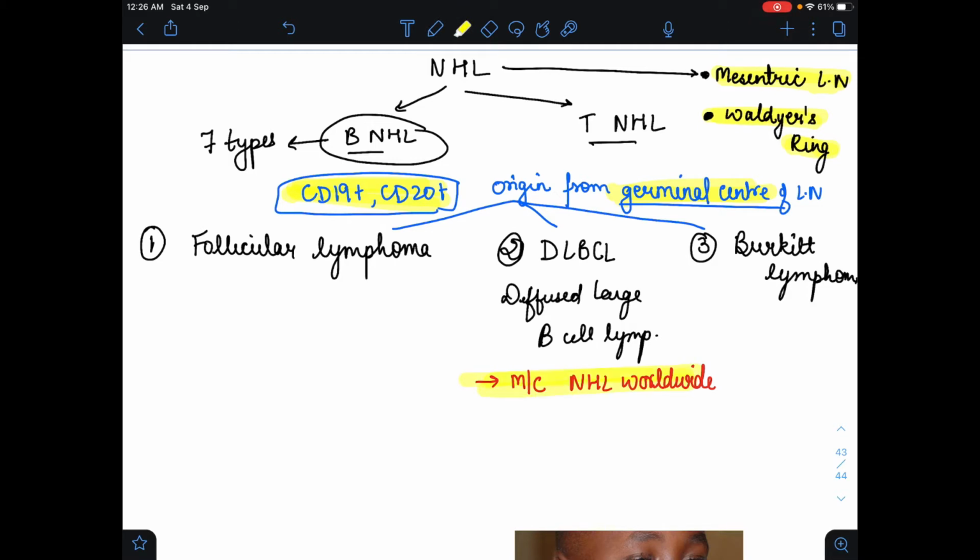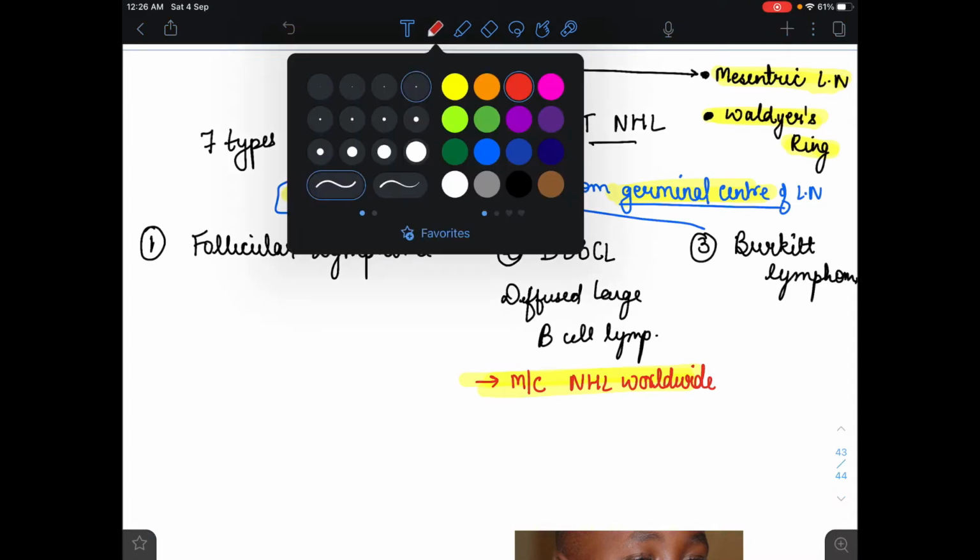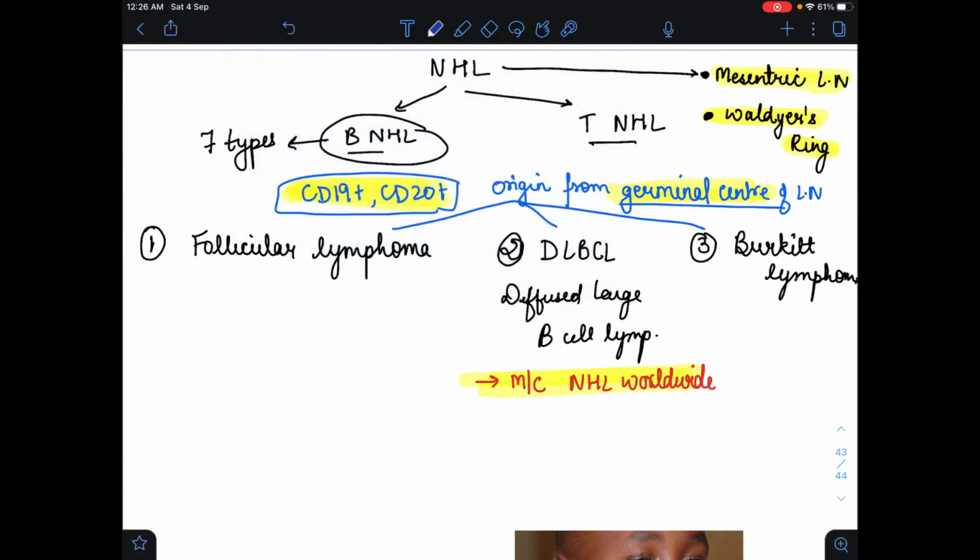Now, in follicular lymphoma we have the translocation 14:18. Here there is an increase of the anti-apoptotic factor BCL2. Please remember that BCL2 is an anti-apoptotic factor and it gets increased.